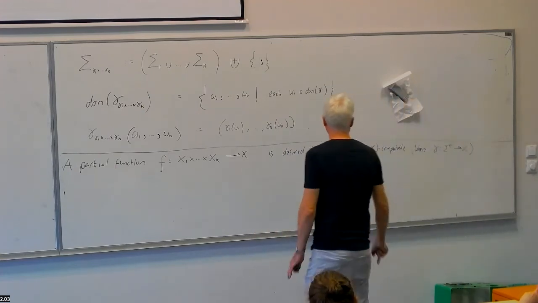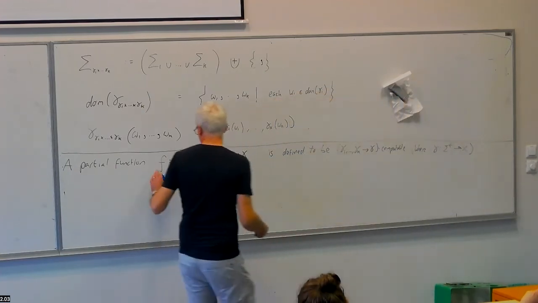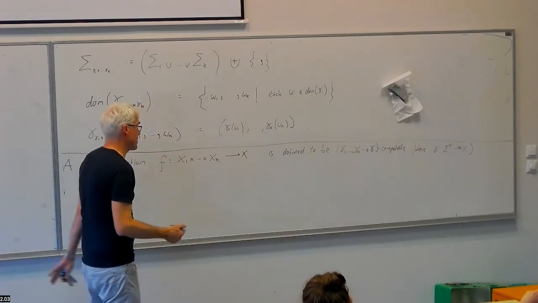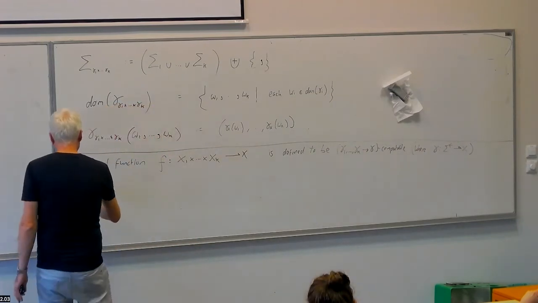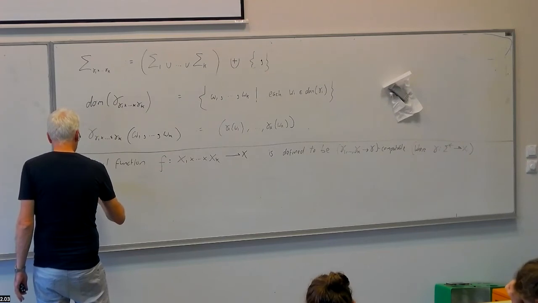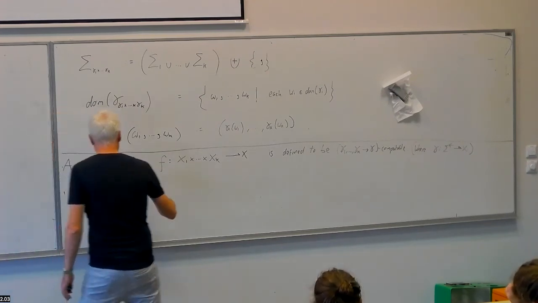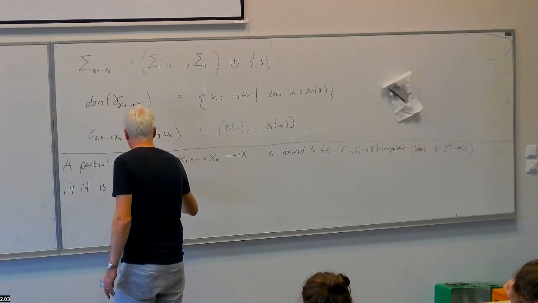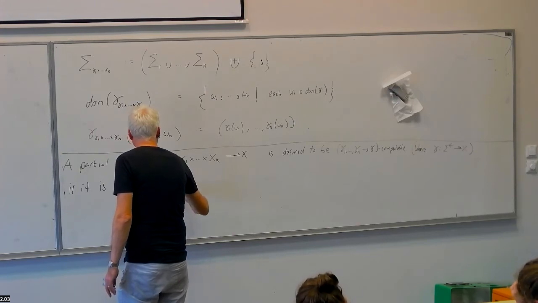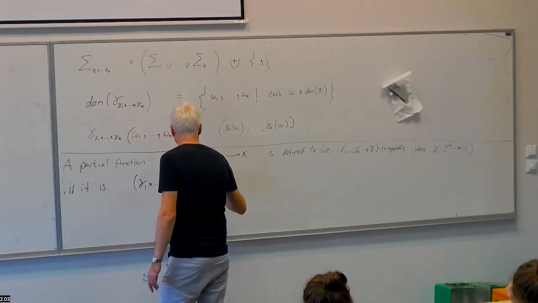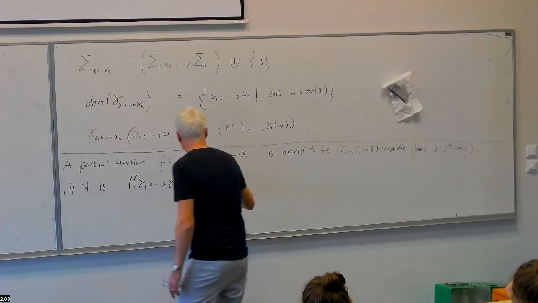So we define a multi-argument partial function to be computable if, well, we simply use the product representation and our notion of computability for unary functions.